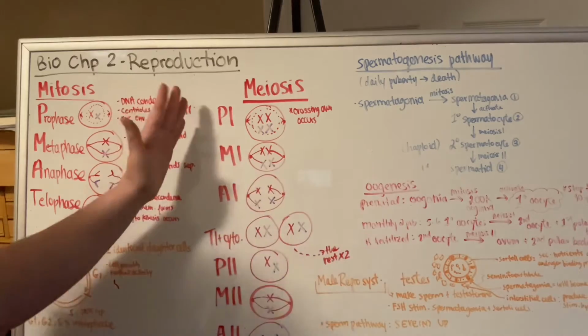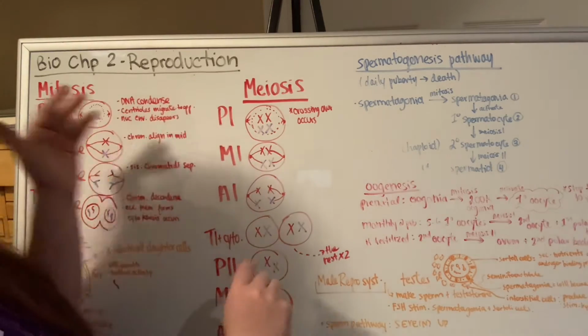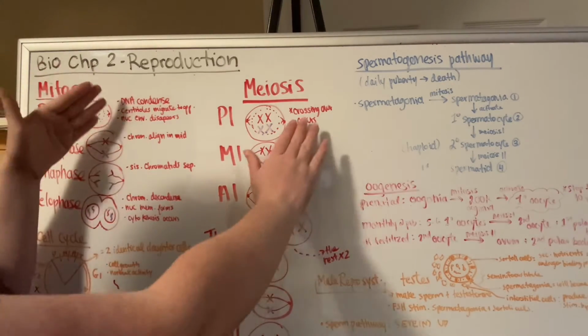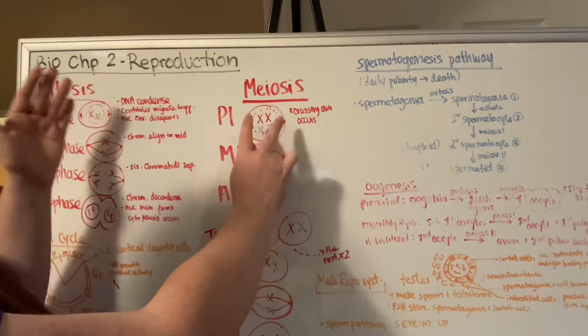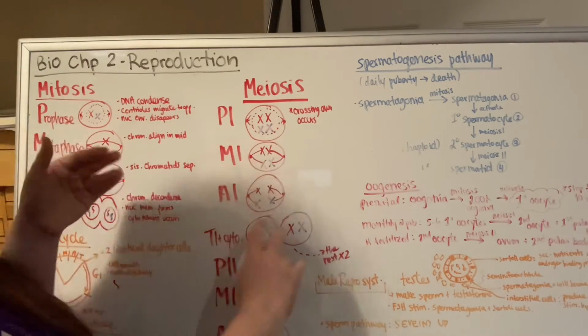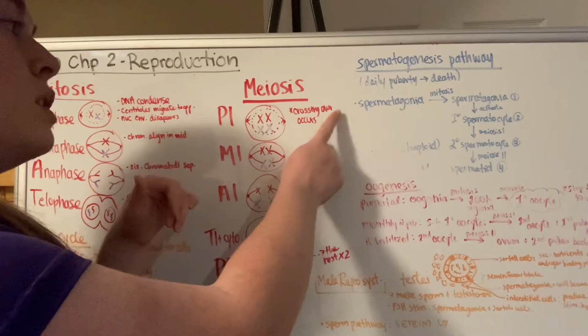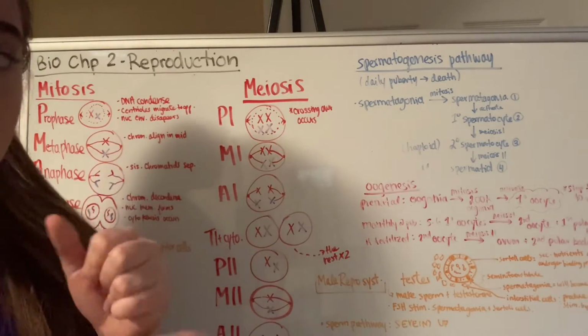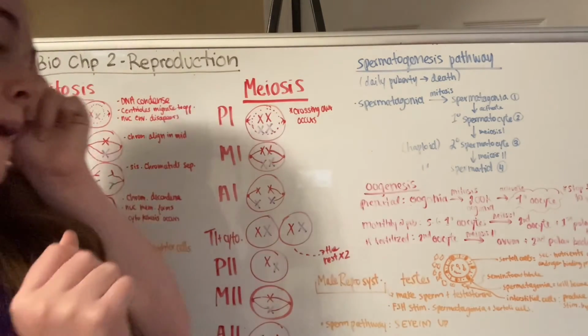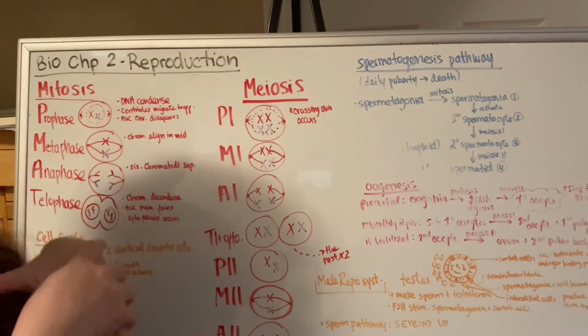And what I mean by that is in prophase 1, you see the same steps here, okay? So DNA condenses, centrioles migrate to the poles, and the nuclear envelope disappears. But you also see crossing over, and crossing over is an important step in prophase 1 because that gives a little bit more genetic variability.